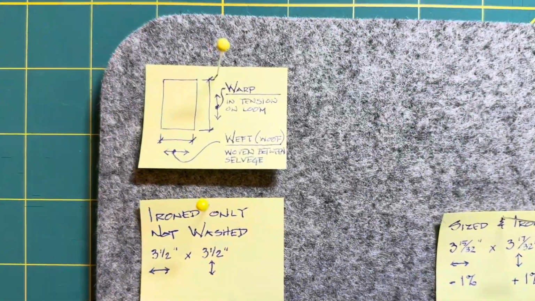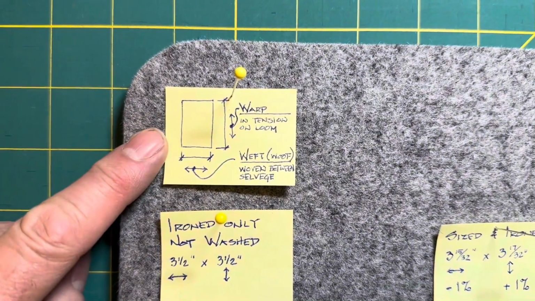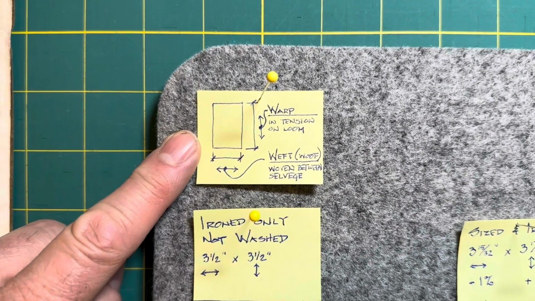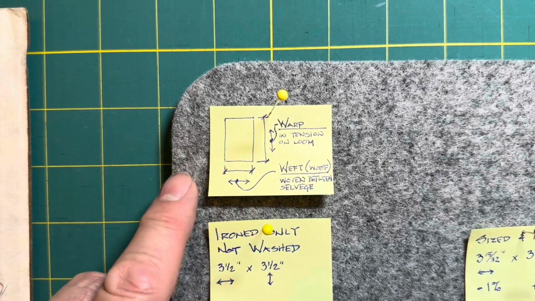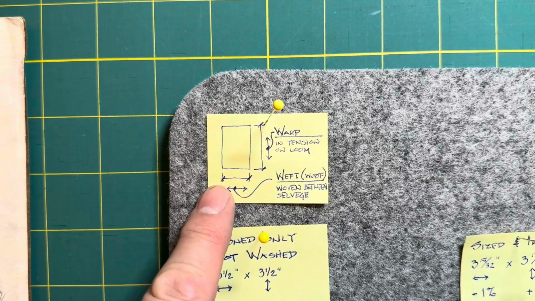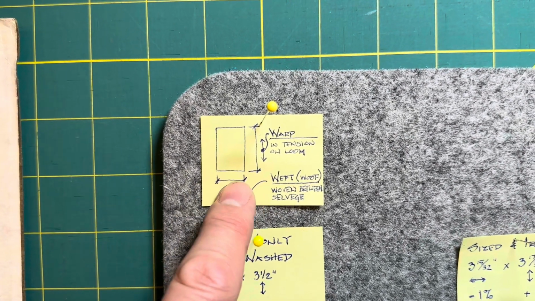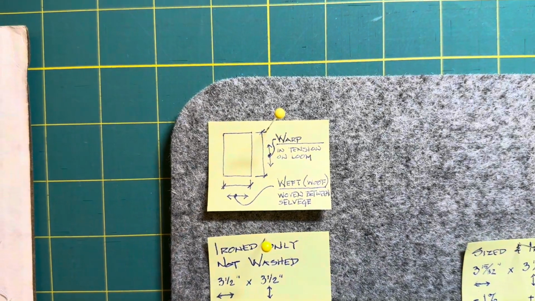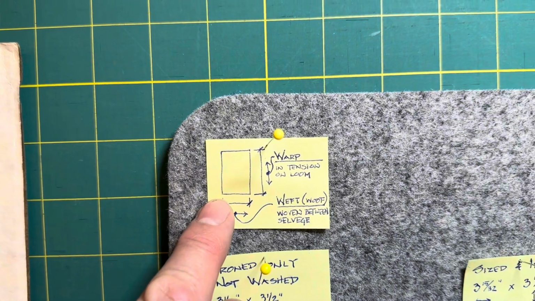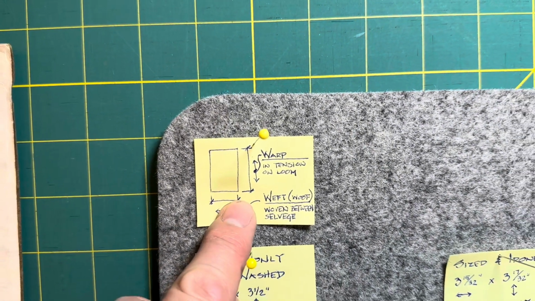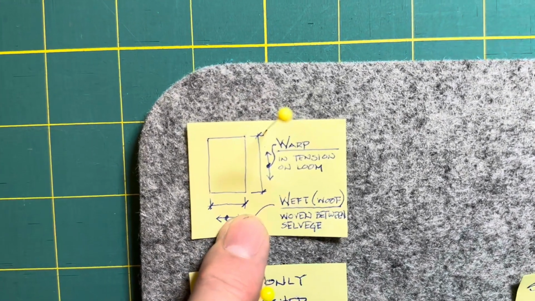Whenever you take a look at a piece of fabric, there are different terms that are used. One is the width of the fabric, and this is between the selvage. So this is from one side of the fabric to the other side of the fabric when it comes off the bolt.